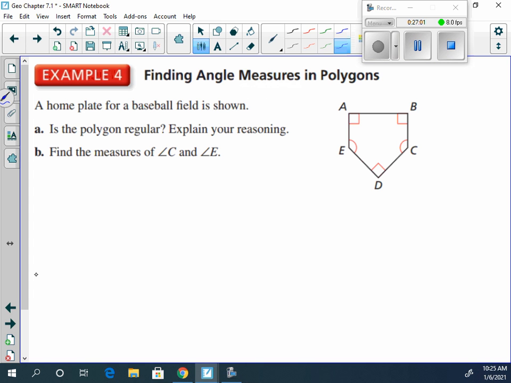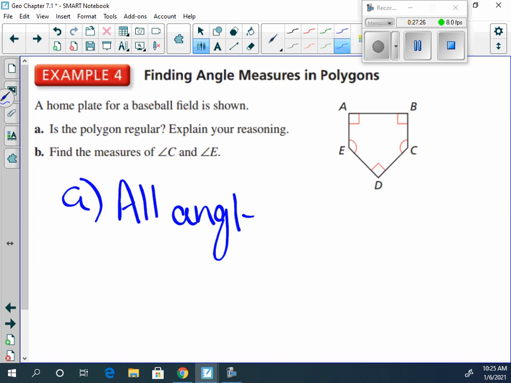Okay. Looking at this baseball. A home plate on a baseball field is shown. Is the polygon regular? Is this regular? Why not? All angles aren't what?